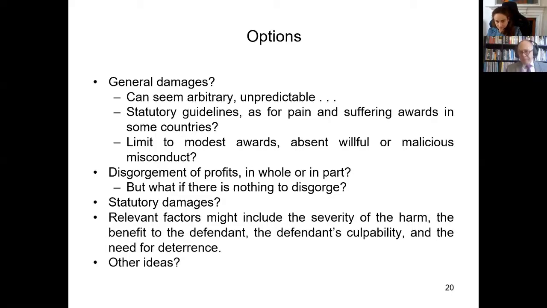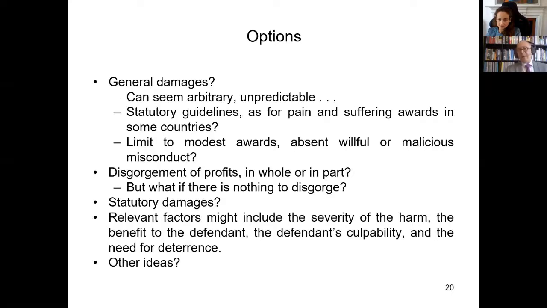But where I'm going to go in this paper I'm writing currently, which again is mostly focused on patents and only to a lesser extent on copyright, is that it makes sense for courts to award damages for all of the harm that is proximately caused by an act of domestic infringement, even if some of that harm extends beyond the borders of the country.